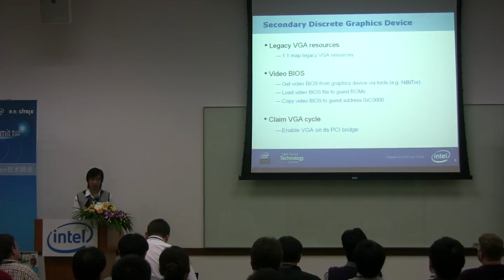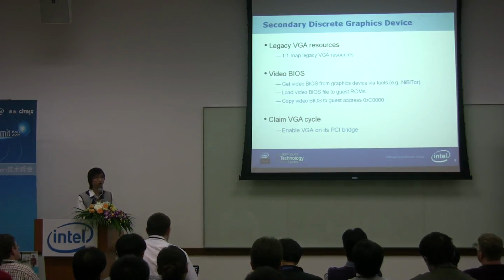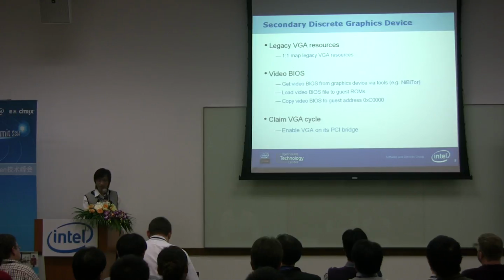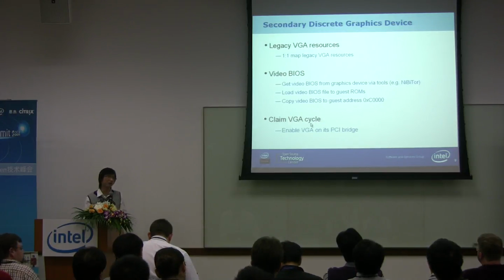Next is the secondary discrete graphics passthru. It's also easy. But the main difference from the last case is that it needs to claim the VGA cycle and to let the assigned device access the VGA. And the legacy VGA is handled the same.